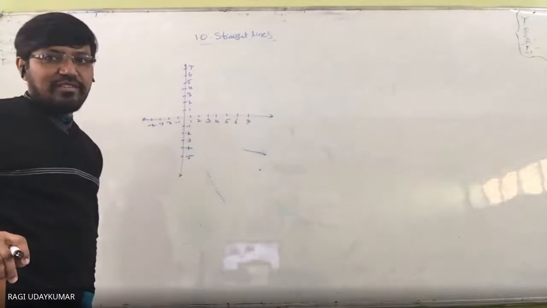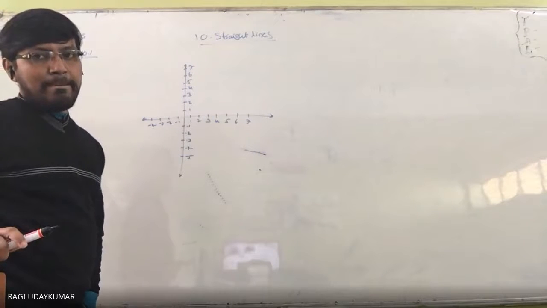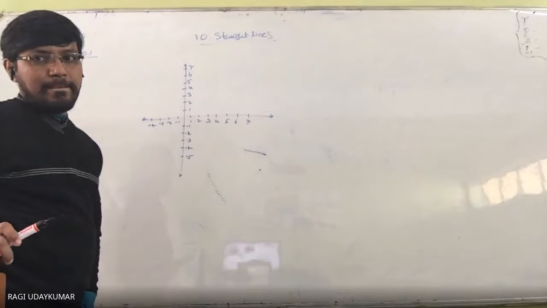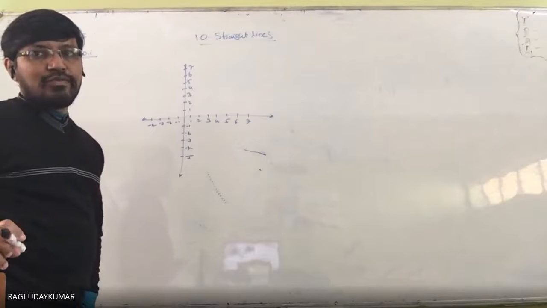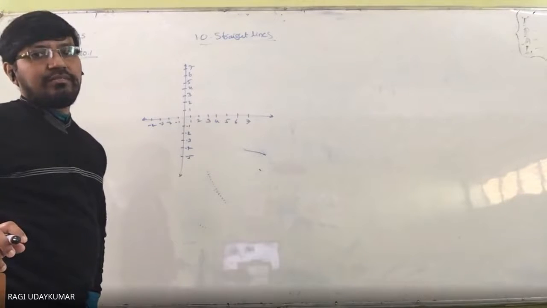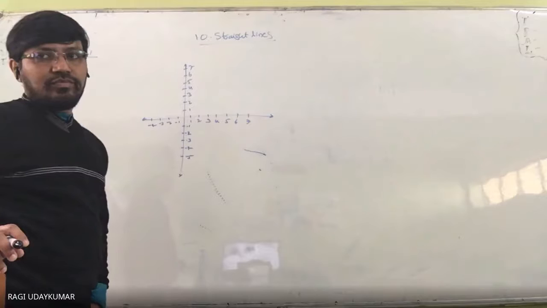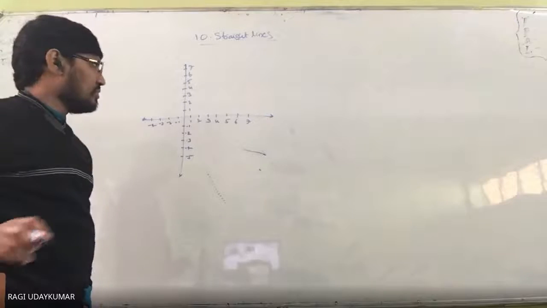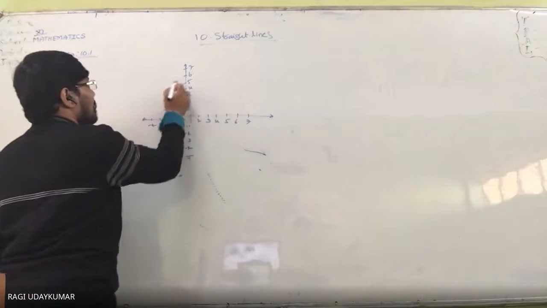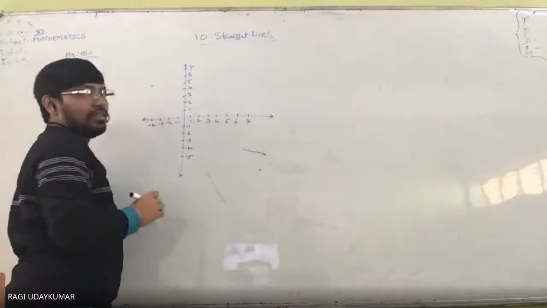Minus 4 comma 5 will be in which quadrant? Sir, second quadrant. Minus 4 comma 5 is approximately here.